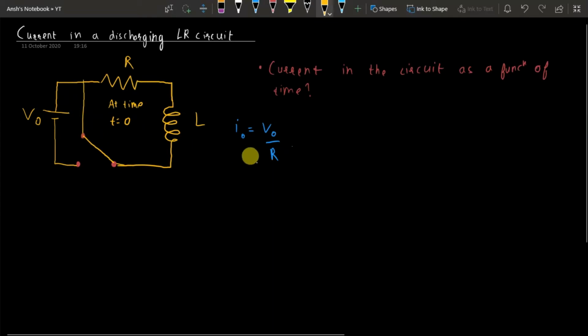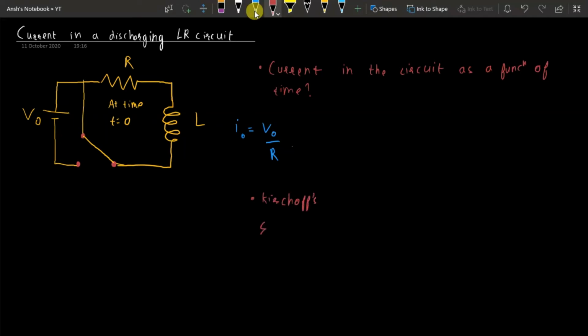We know that at time t equals 0, the current flowing in the circuit is I naught equals V naught by R. Since we want to find the current as a function of time, we have to use Kirchhoff's rule, which tells us that the summation of all the voltage drops in the circuit is equal to 0.